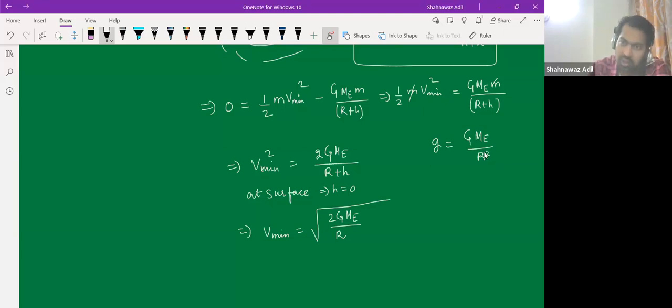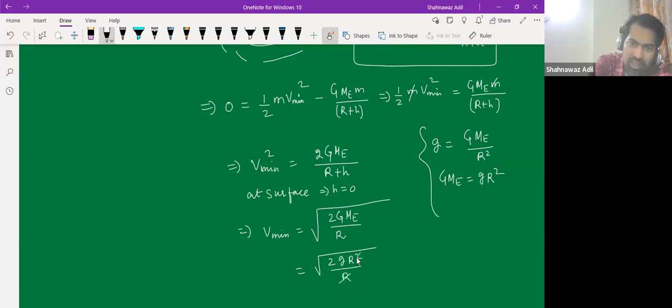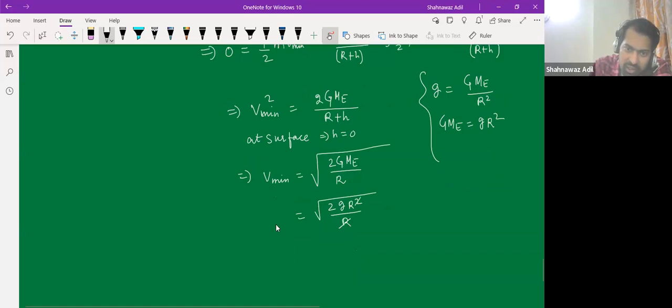So then I can put the value of GMe as gR square. So this would be root of 2gR square divided by R. So this will cancel. And this is the minimum velocity, which is also called escape velocity.